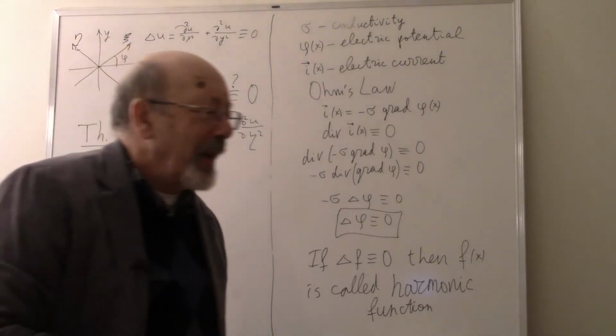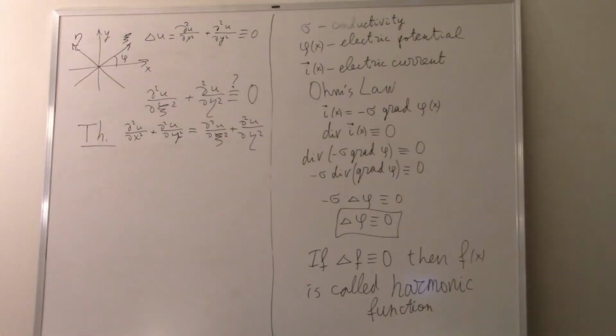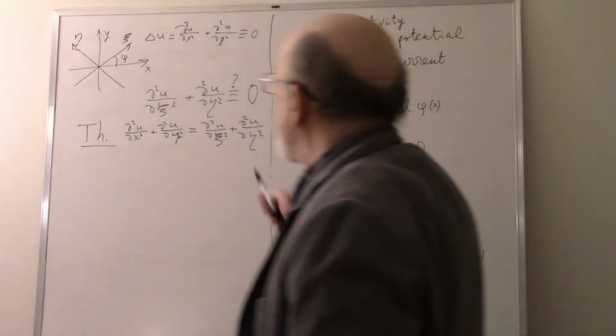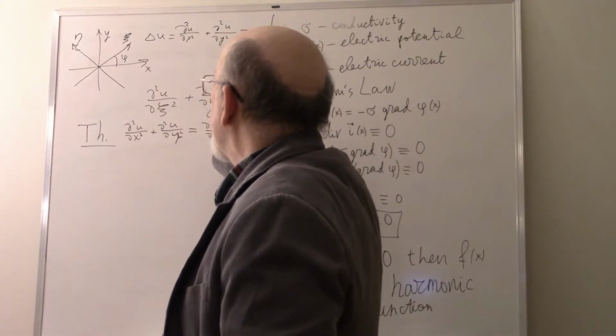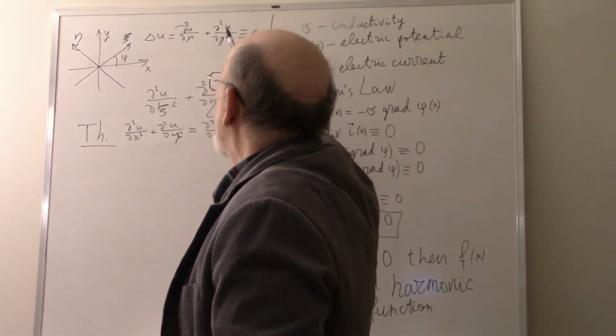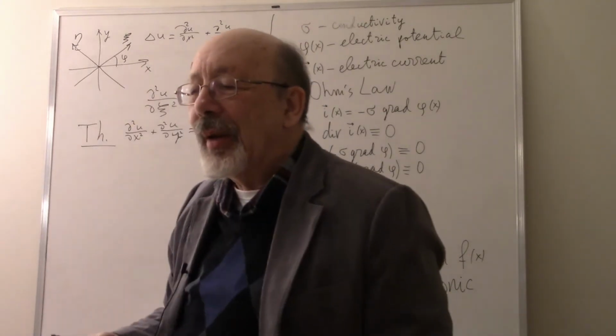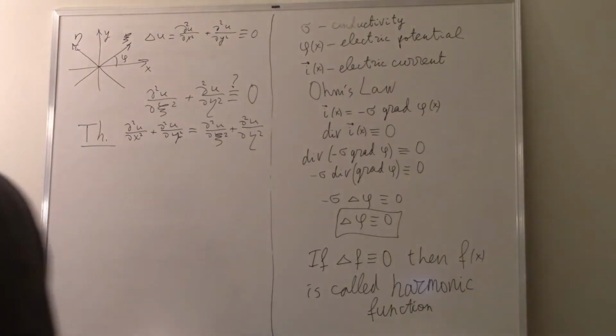Yeah, it is far from obvious because if you consider instead of this operator d2u dx square plus d2u dy square, minus instead of plus, it immediately breaks down.